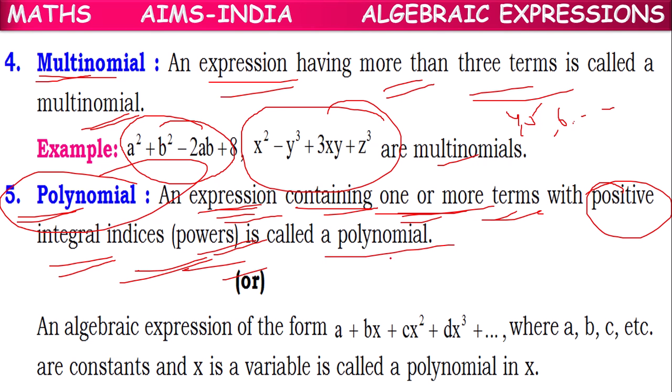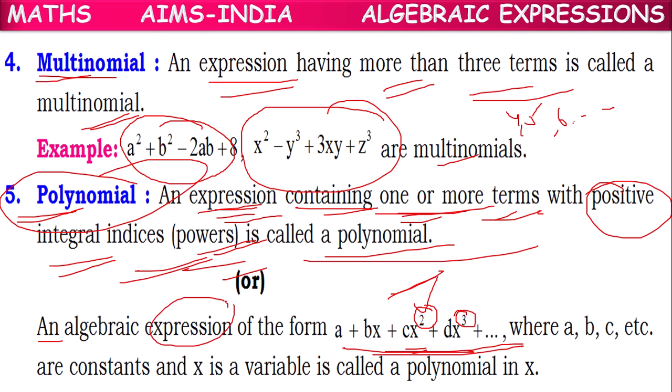Means in all the terms of the expression, if the exponent above the variable is positive, then only that expression will be considered a polynomial.